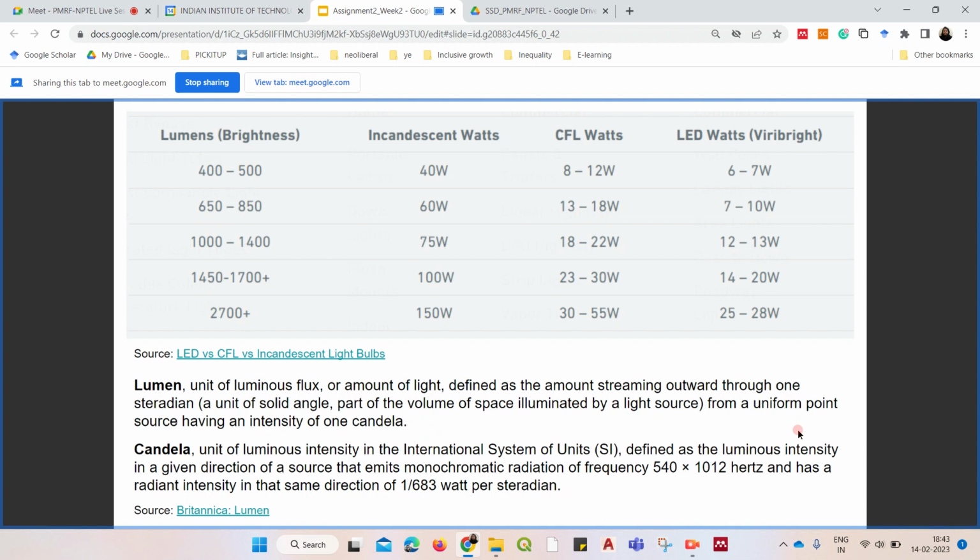So this chart I have gotten from a company which manufactures LEDs. The company's name is Very Bright. So they have created a chart for their specific products.